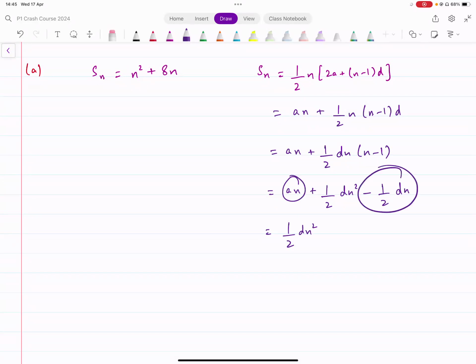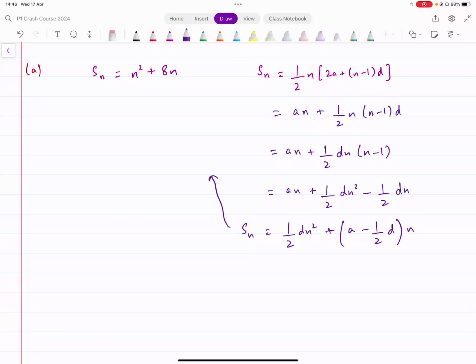And then write the coefficient of n from these two terms. What's the coefficient of n? If you take n common from these two terms, that gives you a minus half d whole multiplied by n. Now you have converted the sum formula to the form that they had given here.